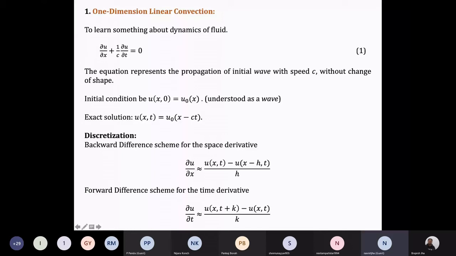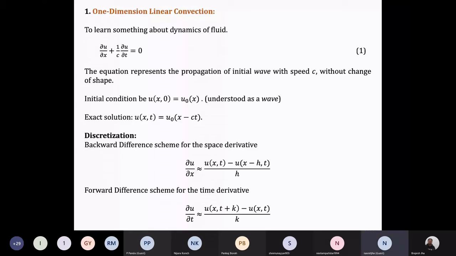Well, there is a strong logic why I am using backward difference for space and forward difference for time. For time, forward difference is fine because I will move, so I need t and t plus k. K is the step size in time direction. But for the space derivative del u by del x, why have I used backward here? Why not forward? I can use either.